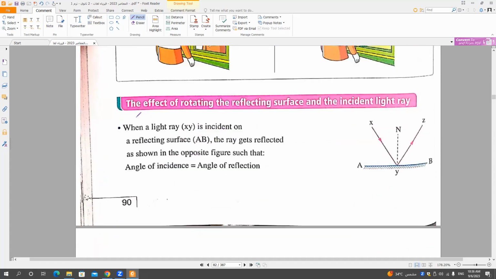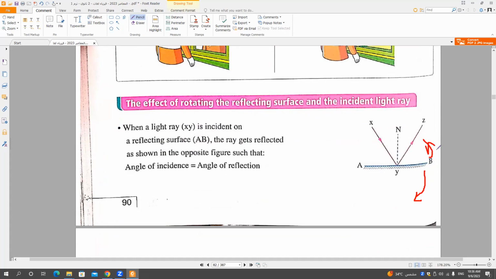What is the effect of rotation of the reflecting surface on the incident light ray? The plane mirror will rotate, but in which direction, clockwise or anti-clockwise?